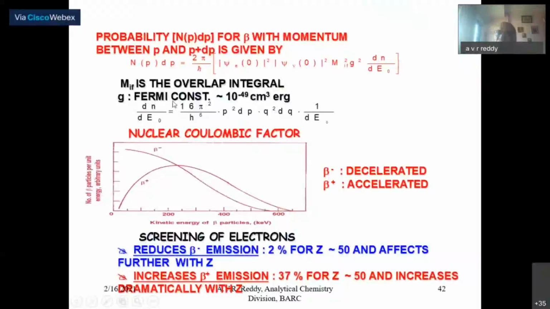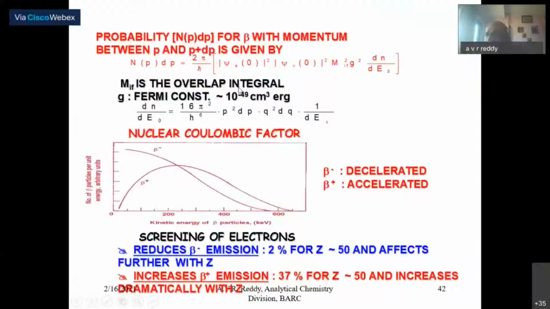From that, this beta energy spectrum was used, and the influence of the nuclear Coulomb factor on the beta decay was also qualitatively explained, because if you measure a beta, and I will leave it here because this theory will take a lot of time.